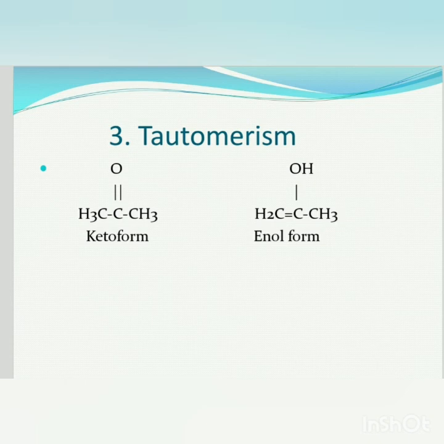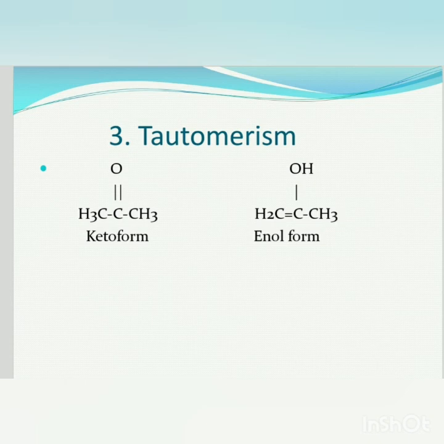It is a keto form, that is, we have the C double bond O group. And the enol form of acetone is CH2 double bond C single bond OH and CH3.